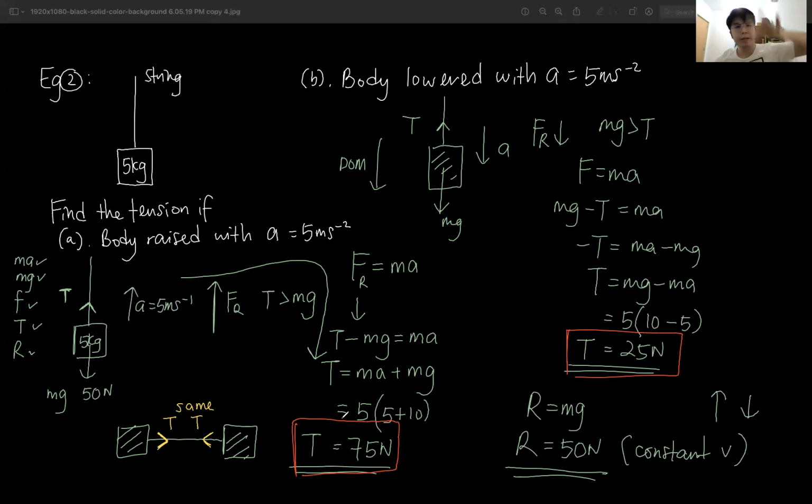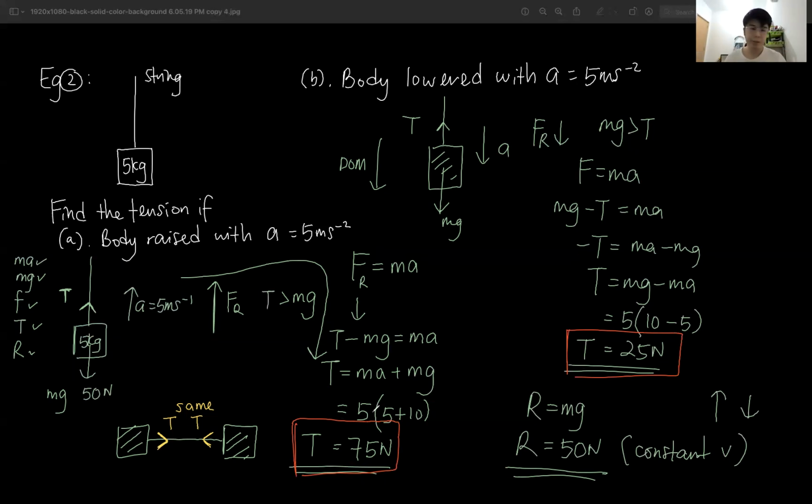So usually when the string snaps, it snaps when you are raising it. Why? Because when you raise, that is where the tension is the highest. So the string tends to snap as it is accelerating upward compared to if you lower it.